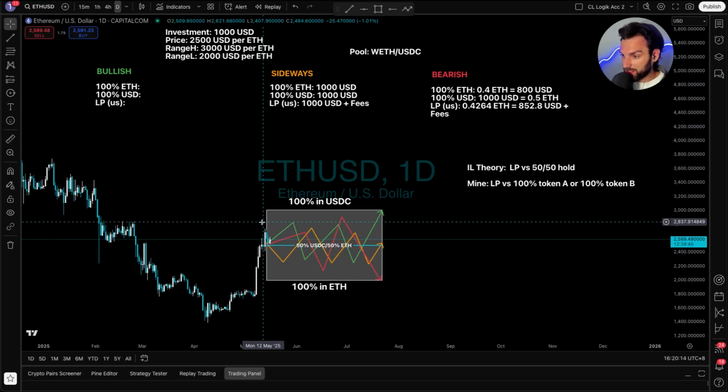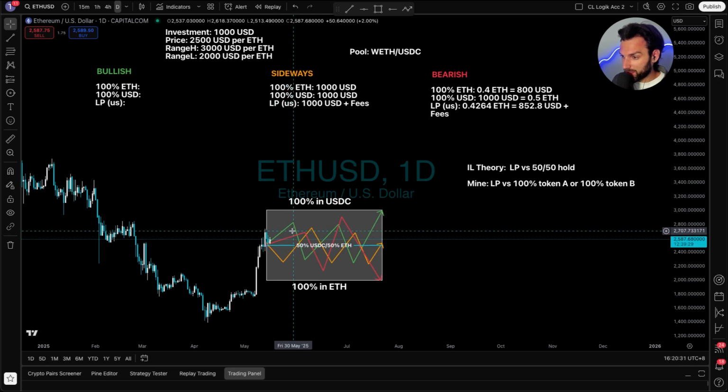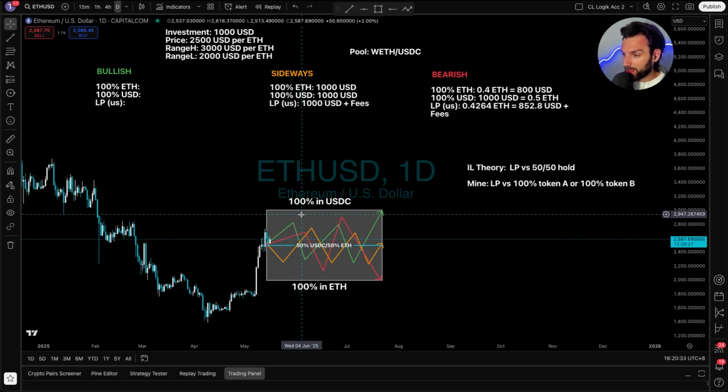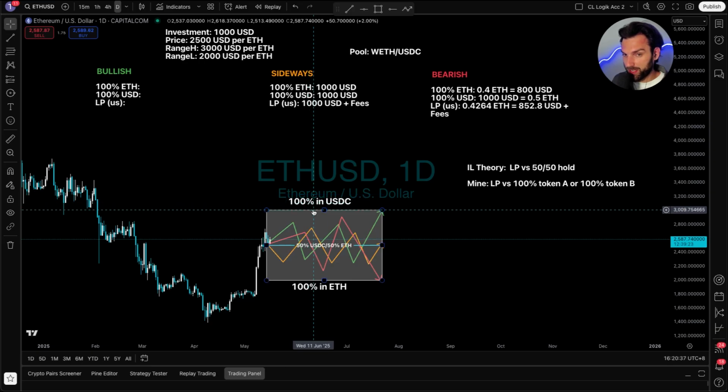So in our liquidity pool, when price goes up from our entry, which is the blue horizontal line, $2,500 per ETH, the liquidity pool, or the constant product market maker algorithm, will automatically sell our Ethereum for USDC until the pool consists of 100% USDC at the top range, right?